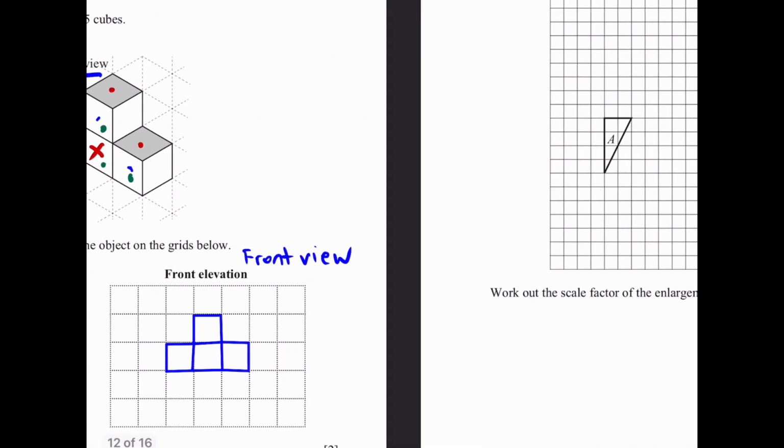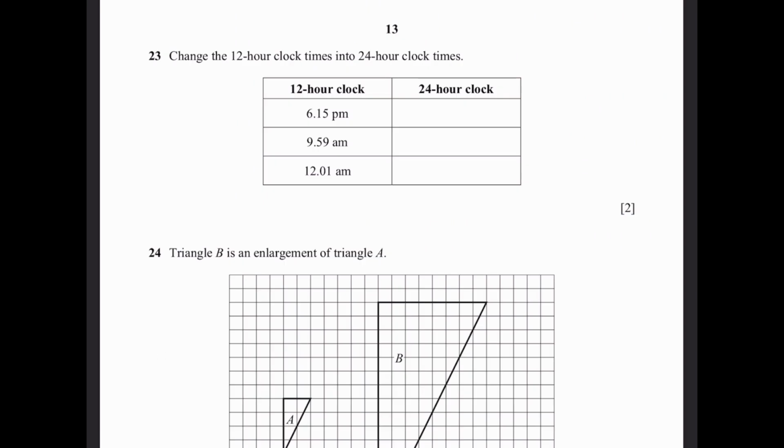Let's move on. Question 23. Change the 12-hour clock times into 24-hour clock times. 6:15 p.m. will be, because of the p.m., we need to add 12. So 6 plus 12 is 18. So 18:15. 9:59 a.m. is just the same as it is right now.